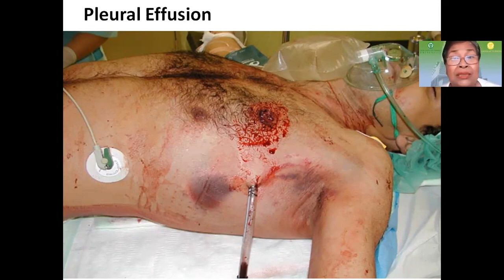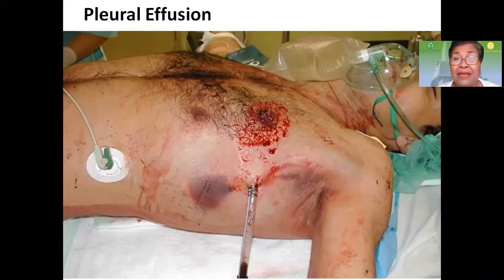Pero kung hemothorax, victim of chest trauma, kailangan nila talaga thoracostomy tube. At pag sinabi natin thoracostomy tube, connected to 1 bottle, 2 bottle, 3 bottle system. Ang thoracentesis, pagkatapos ng procedure, tanggalin yung needle, lagyan lang ng dressing, that's it.